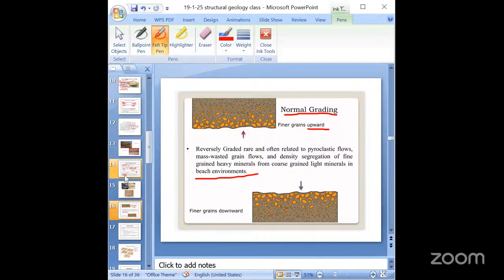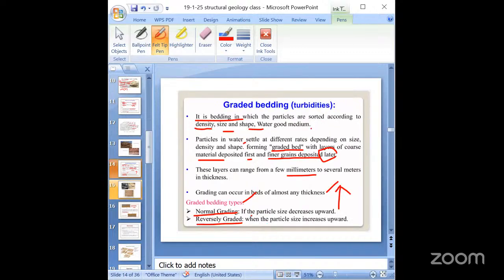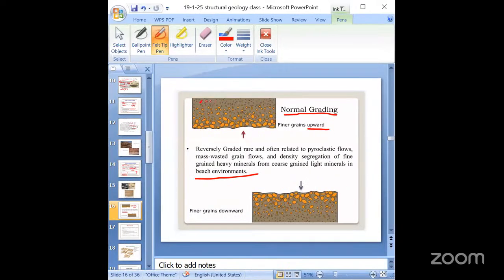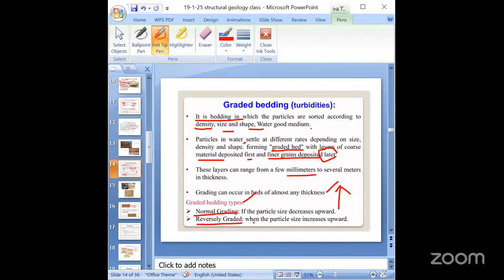Right? So see here, normal grading is when the particle size decreases upward. You see here, these are the coarse particles and these are the fine particles, going upward. In reverse grading, you see here, the particle size increases upward, right?